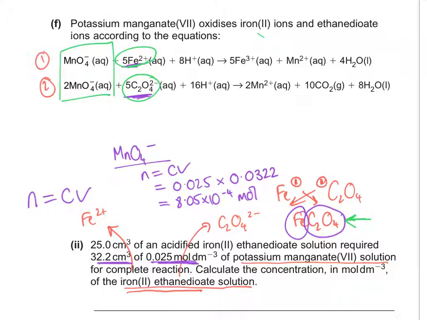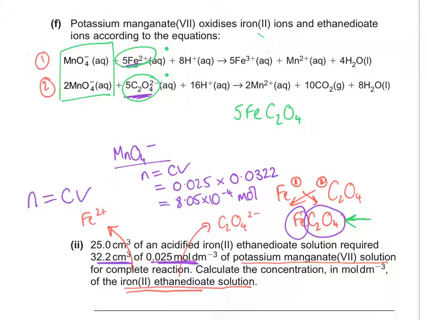So you can see that in these equations, you've got 5 moles of iron 2+ ions and 5 moles of ethanedioate ions. And if we were to combine that, because we have 5 moles of each and because they're in a 1:1 ratio, we're going to get 5 moles of FeC2O4.